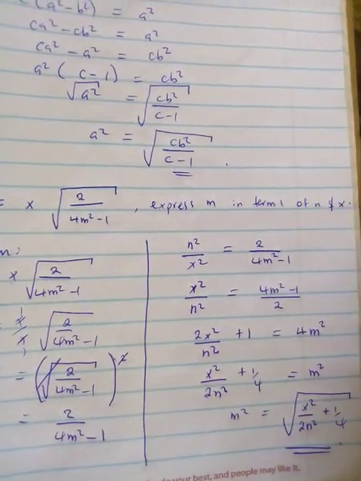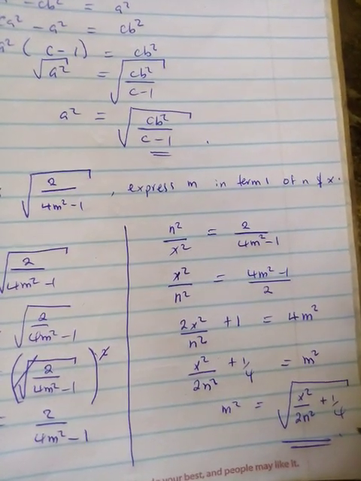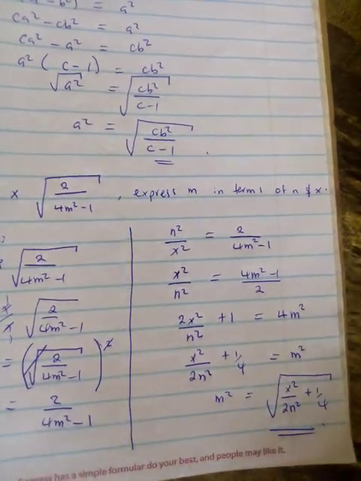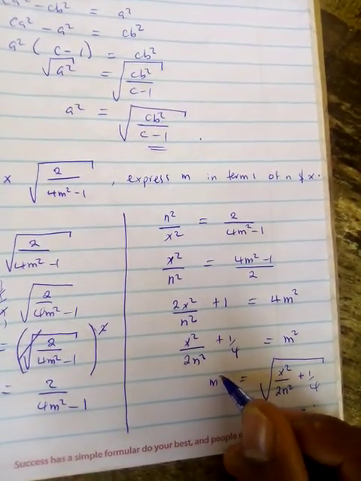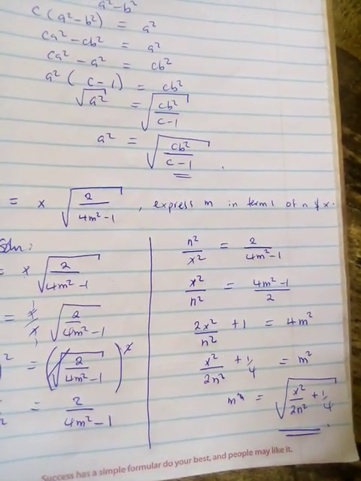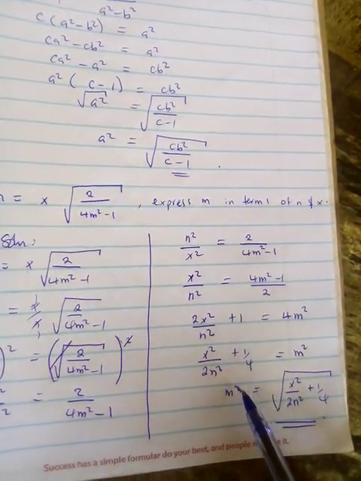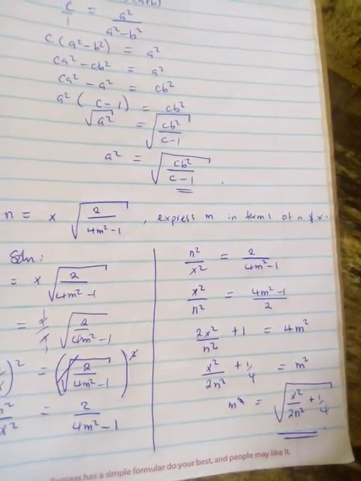You can further simplify what is in brackets by taking the square root as 4n squared, but you can leave it like that. I've taken a square root on both sides. It means this part here, that part there disappears. Yes, it is as simple as that. When I take the square root, this square here disappears.